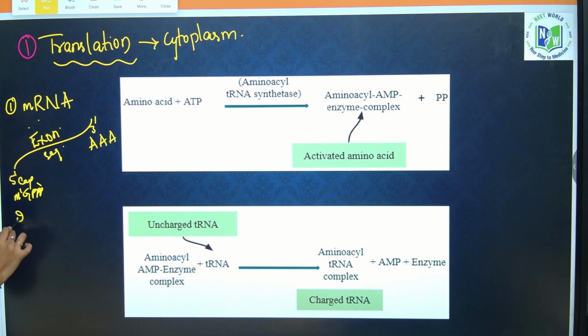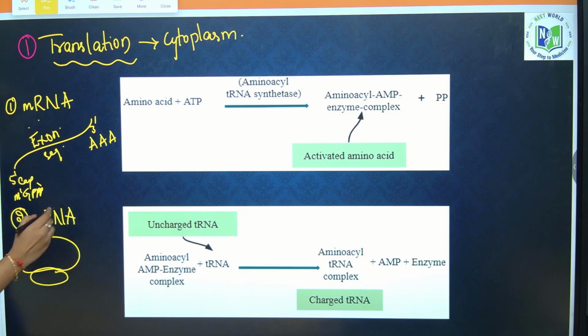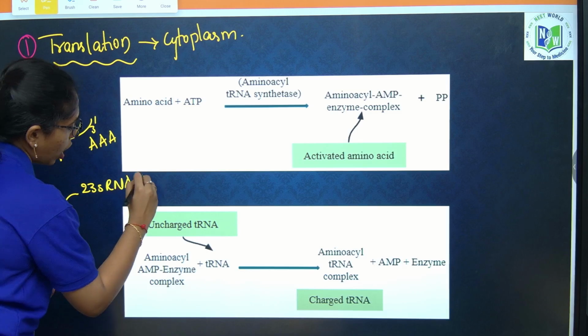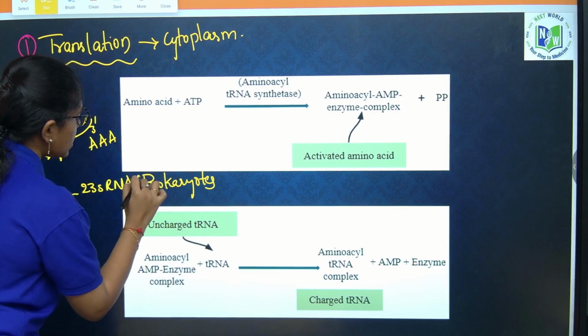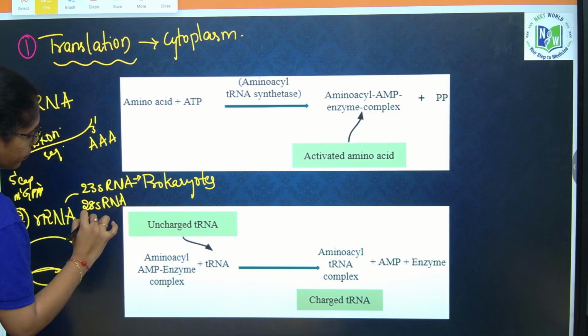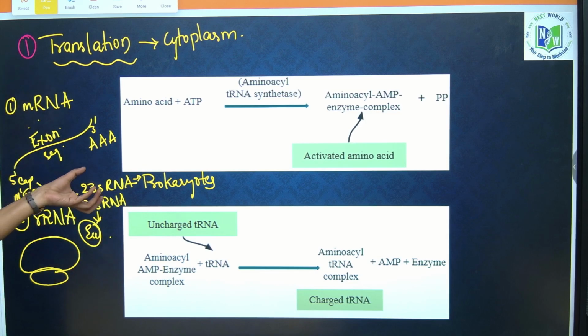mRNA is done. Second, rRNA is required, that is ribosomal RNA, with a smaller subunit and a larger subunit, wherein it has RNA components like 23S RNA in prokaryotes, 28S RNA in eukaryotes, and 5S common to both prokaryotes and eukaryotes.